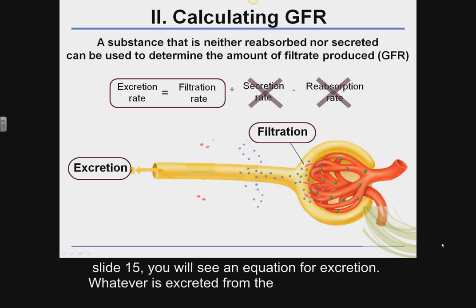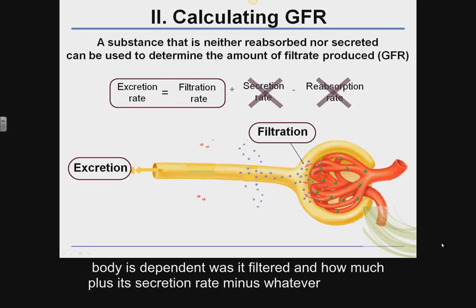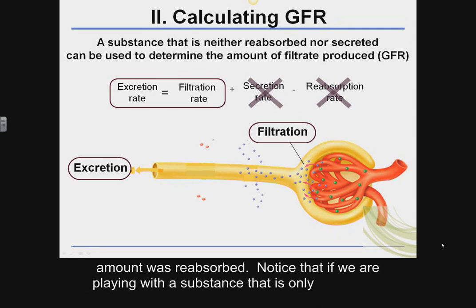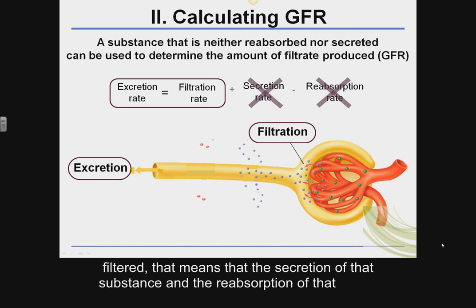Let's explore this concept further. If you are looking at this slide, you will see an equation for excretion. Whatever is excreted from the body is dependent on if it was filtered and how much, plus its secretion rate, minus whatever amount was reabsorbed.